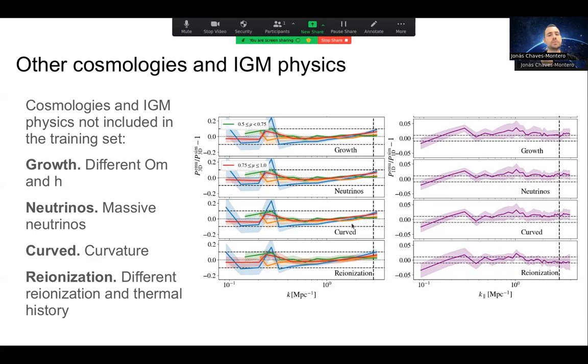Curvature, also a very large value, and also great precision, and ionization histories that are not in the training set. And thanks to the parameterization of the redshift dependence, we can also get very good results here. It is really interesting that we get even better results than the K-beams emulators for this simulation.